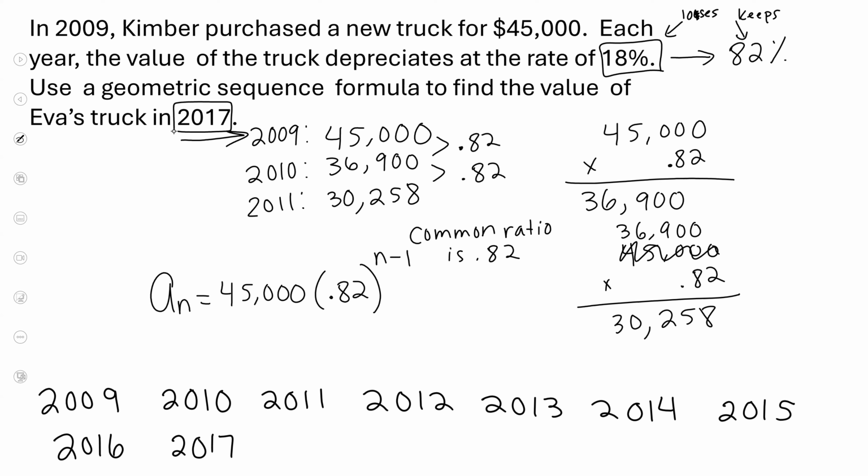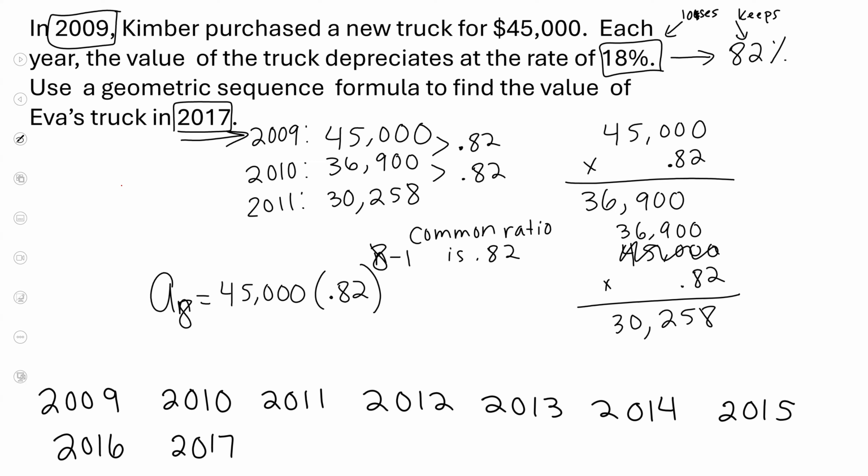A lot of you guys, when you read this problem, think to yourself, okay, 8 years has passed. From 2009 to 2017, 8 years has passed. So you guys will put an 8 here and an 8 here. And if you do that, you'll get the problem wrong. The reason why is you have to count the very first year.